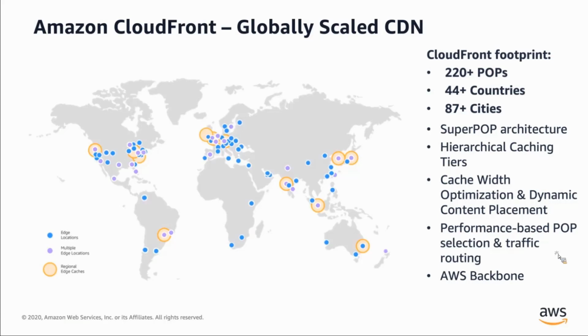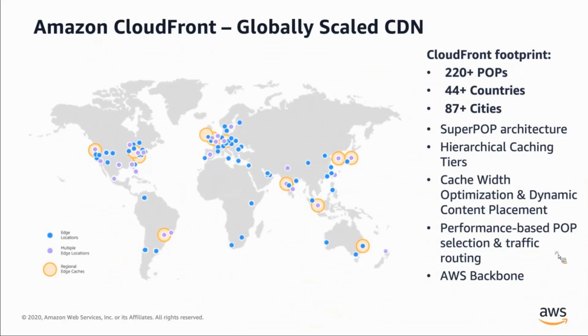And CloudFront uses what we call a super POP architecture, which is instead of deploying infrastructure in thousands of different locations with just a few servers, we concentrate our infrastructure in high capacity locations where we can get lots of high quality, large bandwidth connectivity to lots of different network providers. So we're paired with thousands of different networks.